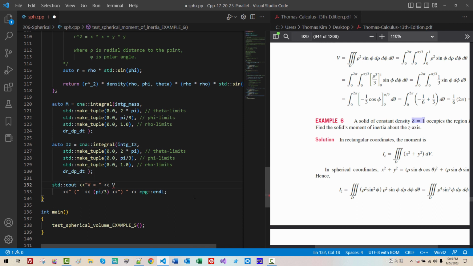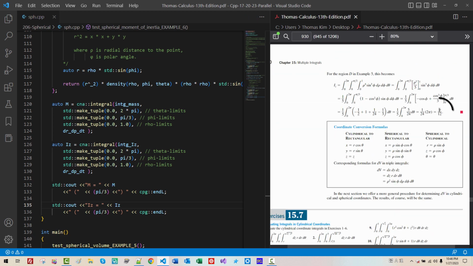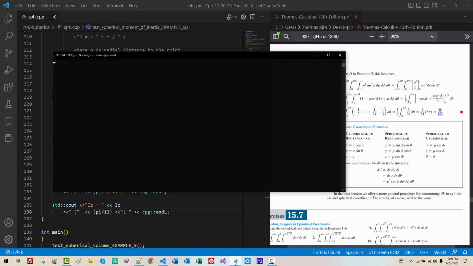Now mass, copy, paste. I_z. Our answer, if you scroll down, is pi over 12. So pi over 12. Now open up the command prompt.